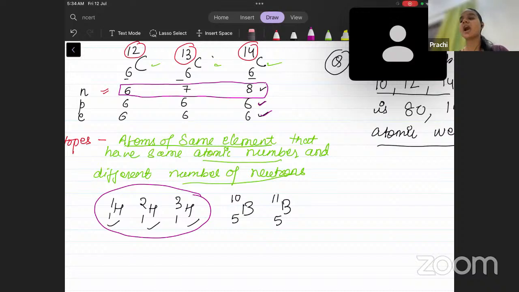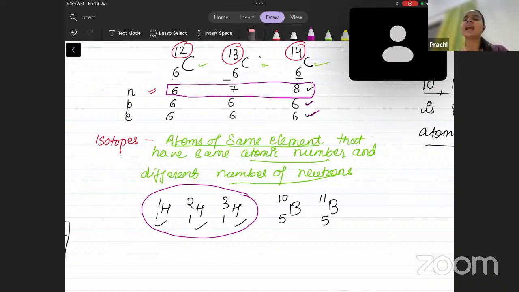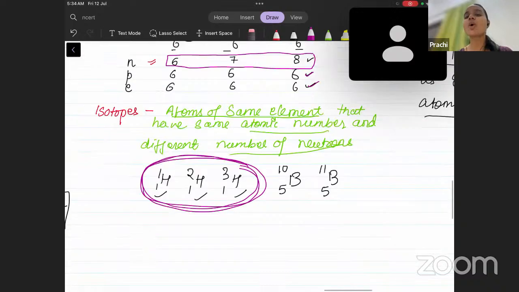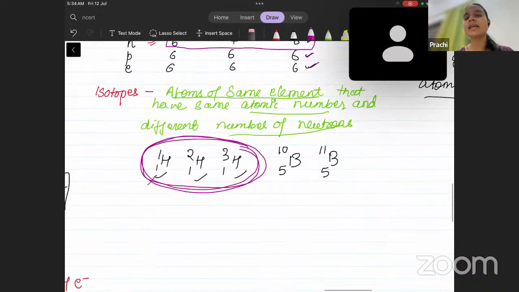Once you bring that hydrogen, the chances are that we may have the atoms of all of these hydrogens.